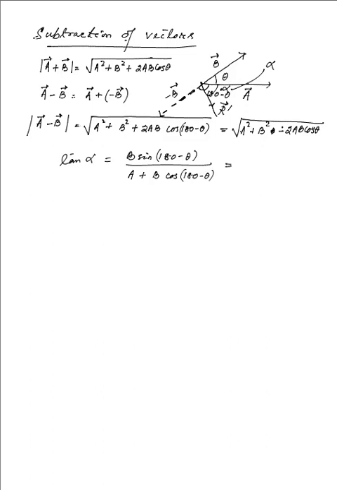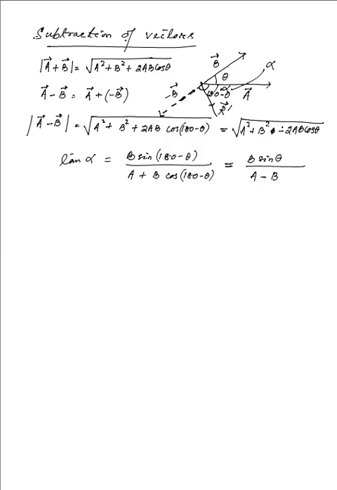Now the sine part remains positive for 180 minus theta, so we have B sine theta over here, but in the denominator, cosine of 180 minus theta is minus cos theta.